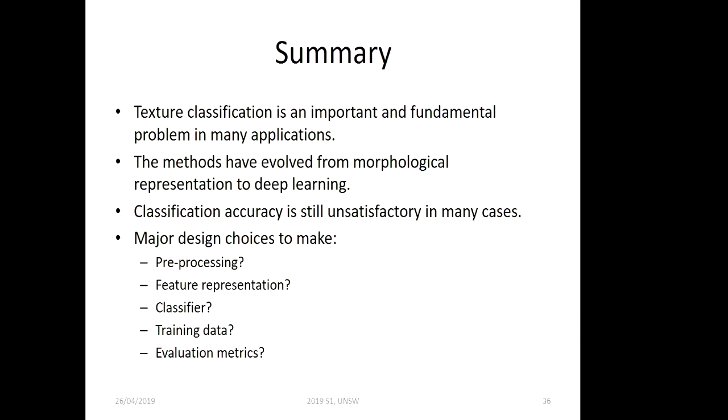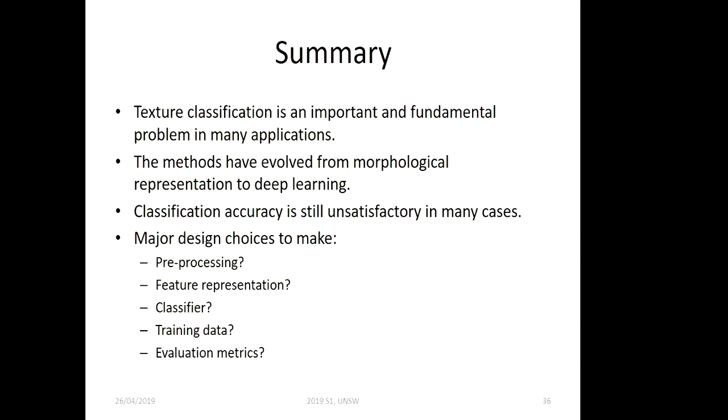So in summary, texture classification is an important and fundamental problem in many applications, not just medical images. Consider the previous example about urban planning, or just general texture classification for even social media images.